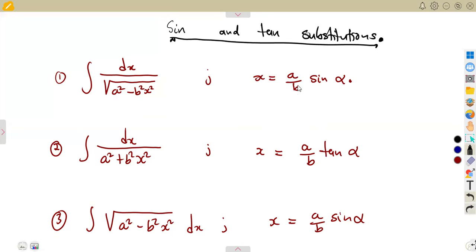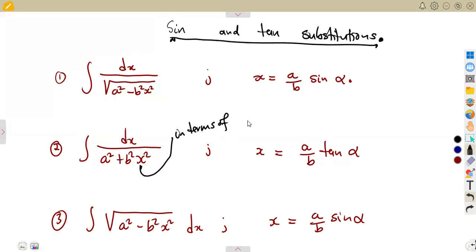We are to substitute a over b, the sine of alpha. So if you take this into consideration, it means the x is going to be affected. You are substituting whatever you're given, whether it is the tan of alpha or the sine of alpha. It is going to affect our question in the sense that you are going to have this in terms of alpha.